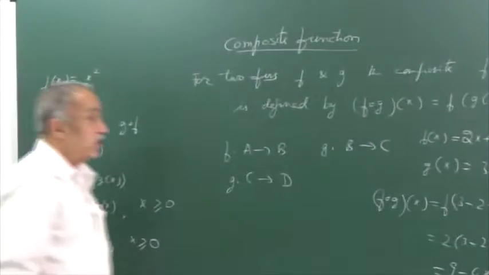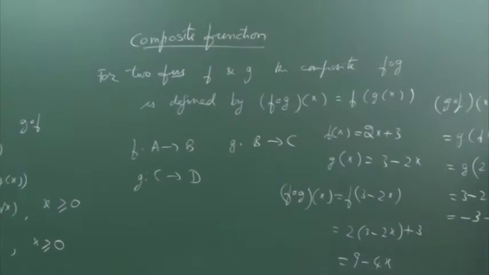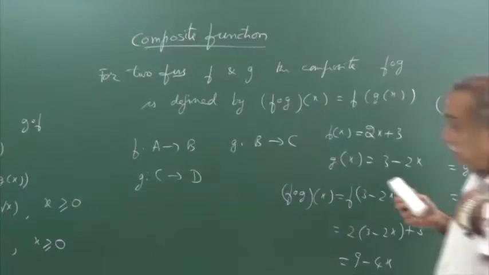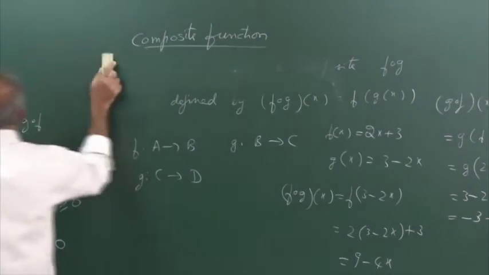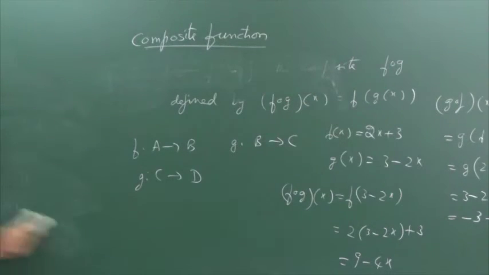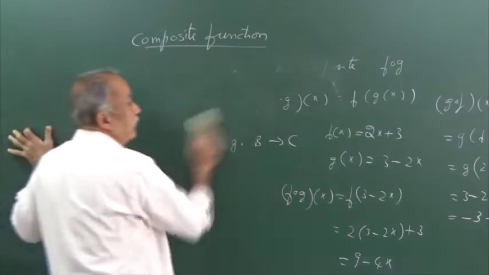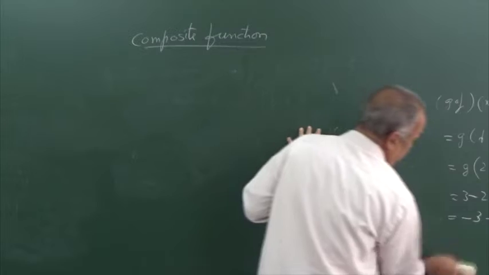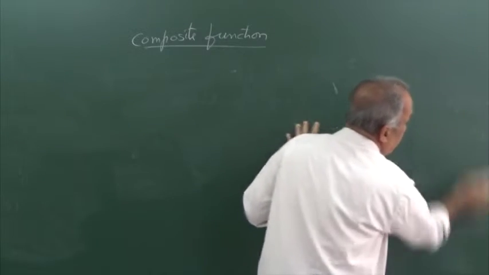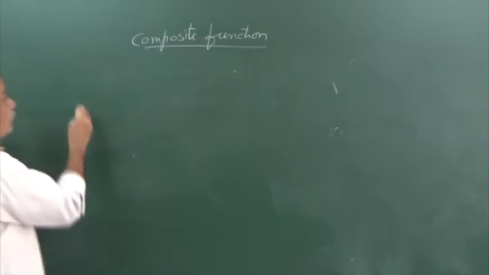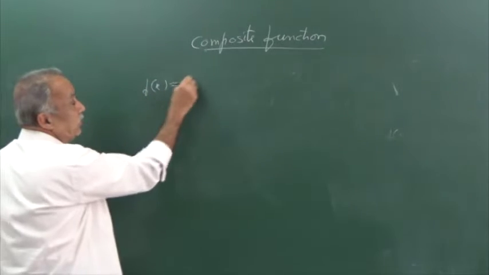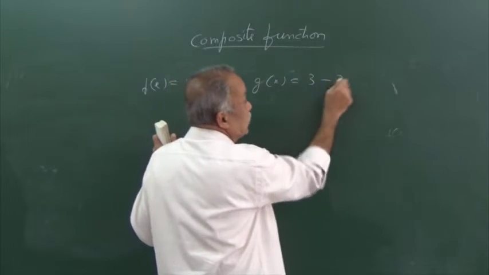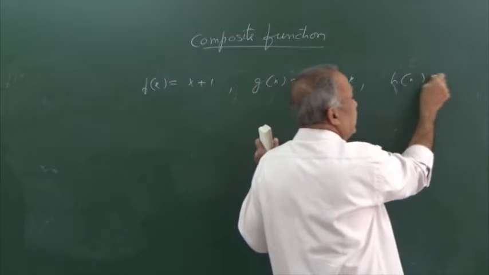Okay. Let me have one more function together with f and g. Suppose f of x is x plus 1, g of x is say 3 minus 2x, h of x is another linear function.